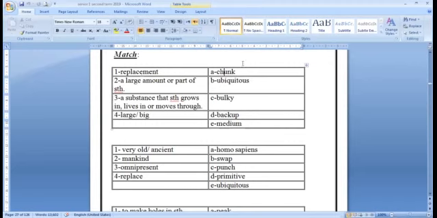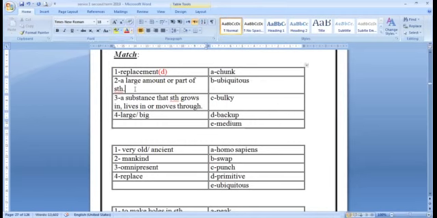You have chunk, ubiquitous, bulky, backup, and medium. Yes, very good. The appropriate answer here for replacement is backup, which is D.